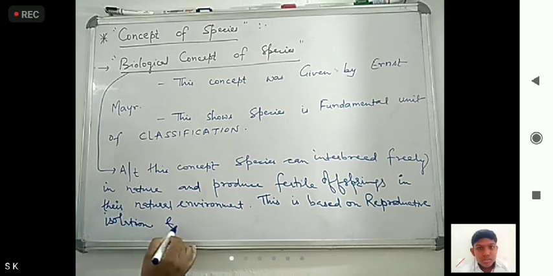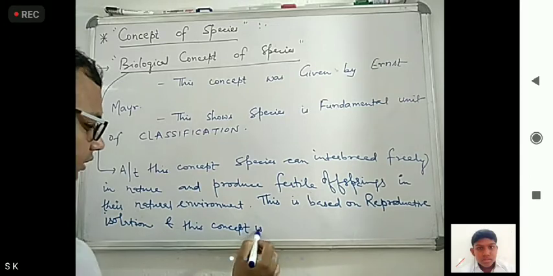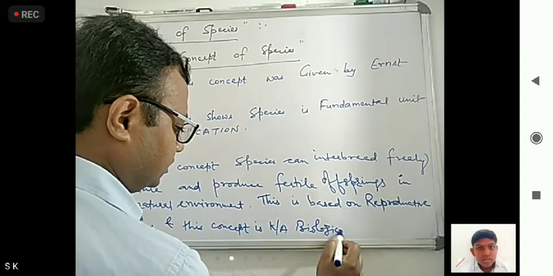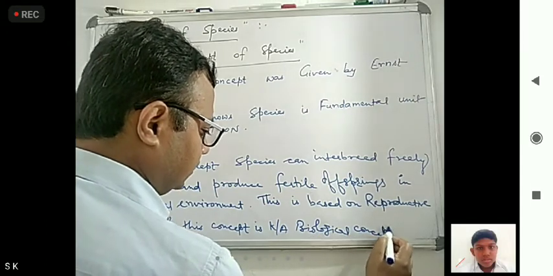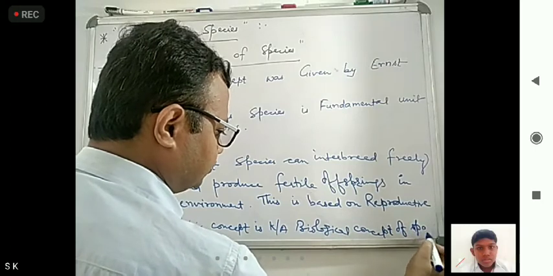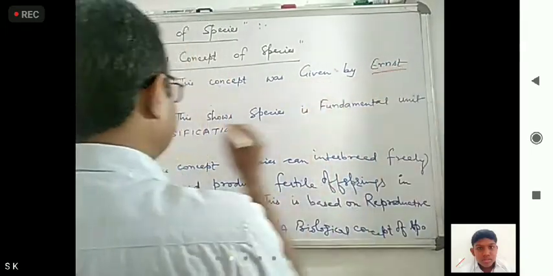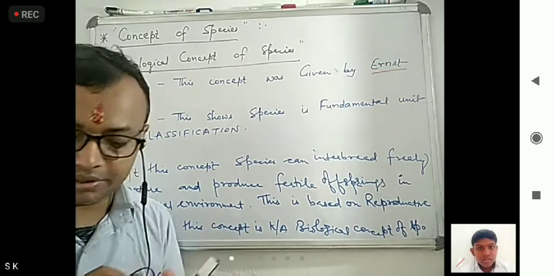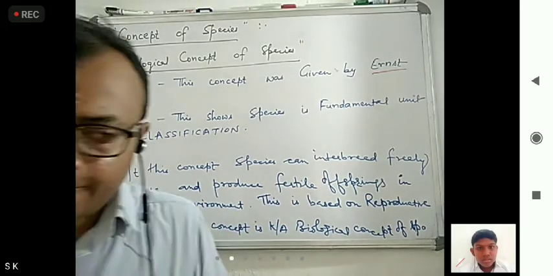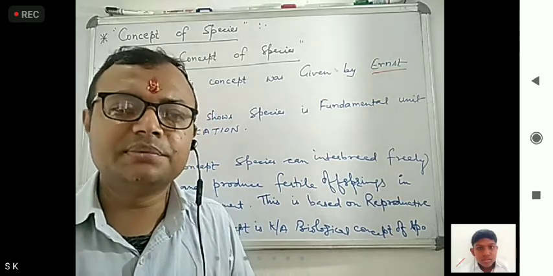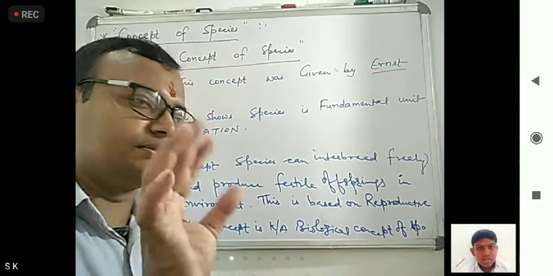This concept is known as the biological concept of a species, and that is given by which scientist? Ernst Mayr. Now, this biological concept of a species has some exceptions. What are the exceptions? That is important for your exam.